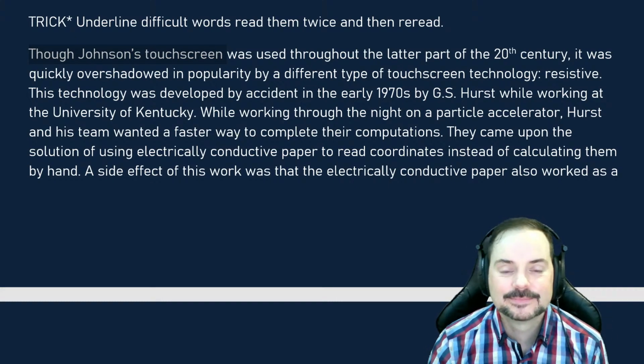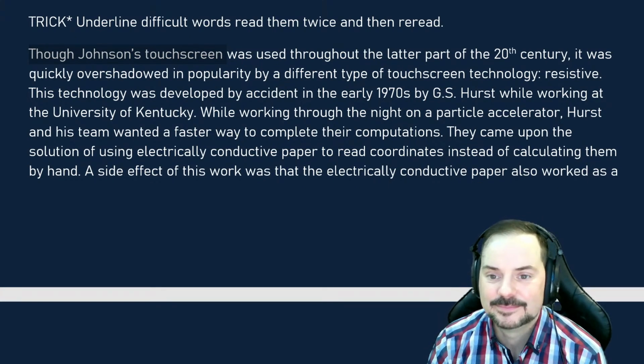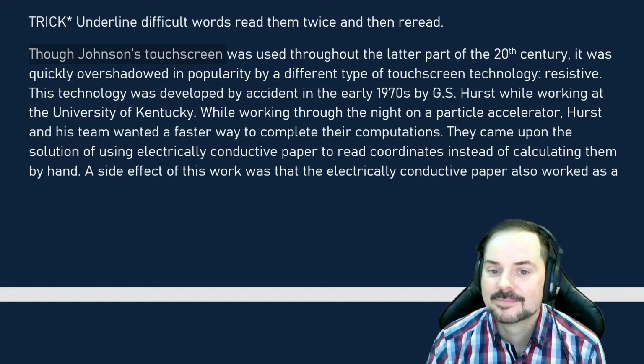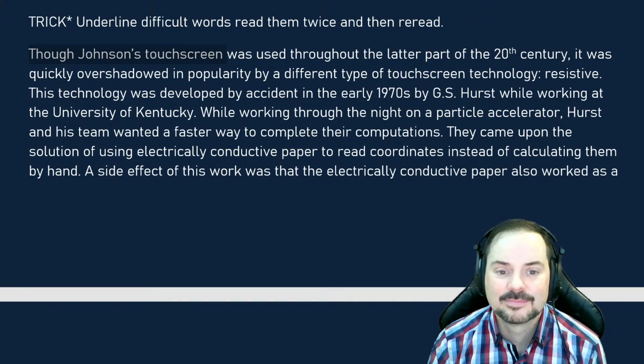Though Johnson's touchscreen was used throughout the latter part of the 20th century, it was quickly overshadowed in popularity by a different type of touchscreen technology, resistive. This technology was developed by accident in the early 1970s by G.S. Hurst while working at the University of Kentucky.